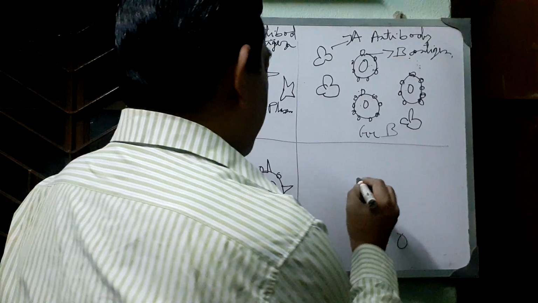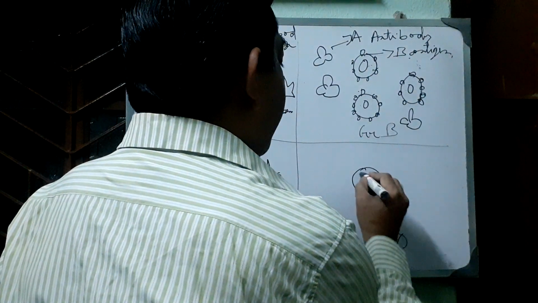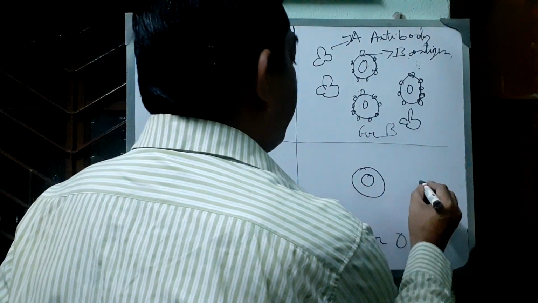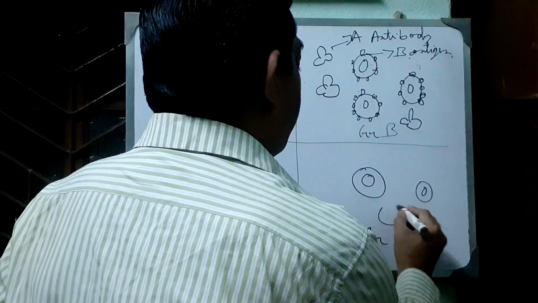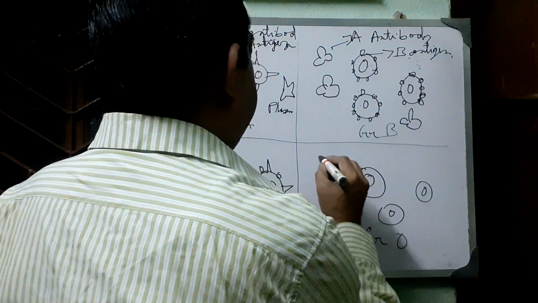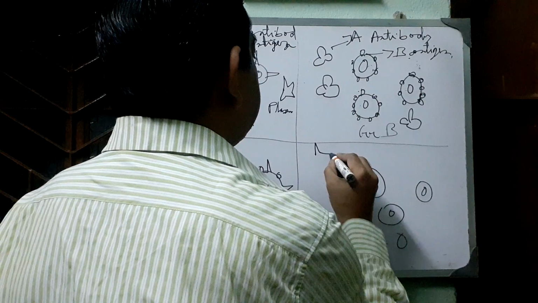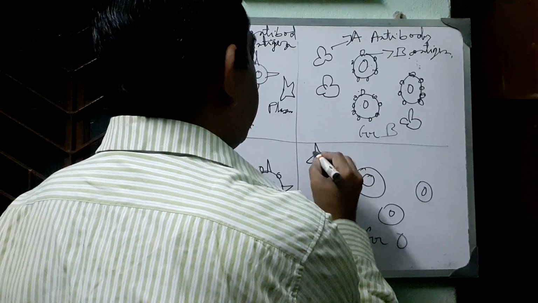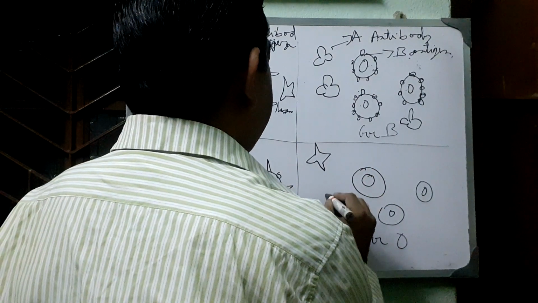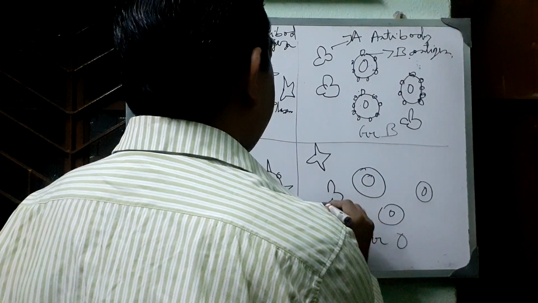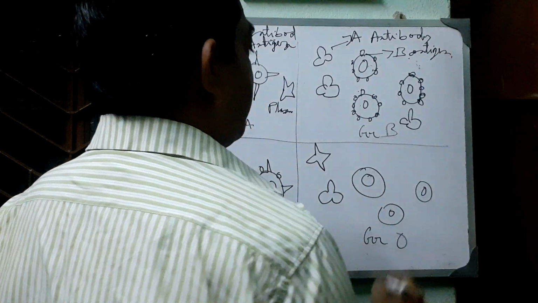And group O, what happens? No antigen on the surface of the red blood cells, but both antibodies will be present in the plasma: B antibody and A antibody.